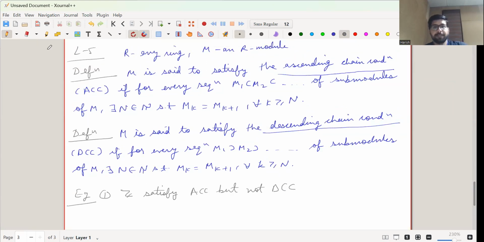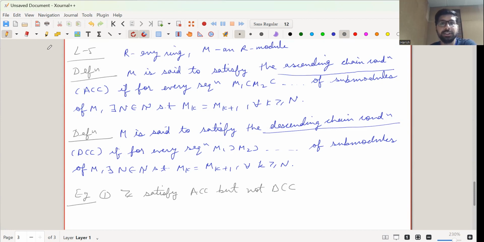So, let's say you start with some nZ, then it can be embedded inside something which is bigger than that, but at max you can reach till Z. For example, if you start with say 8Z, right? So 8Z can be embedded in 4Z, then 4Z can be embedded in 2Z, and then after 2Z you have to stop at Z. You cannot go ahead.